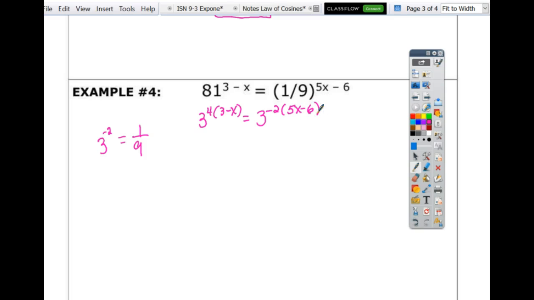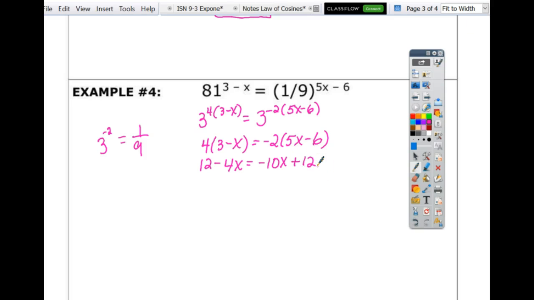And once I have common bases, we can solve the exponents now. Because 81 is 3 to the 4th. So when I multiply, I get 12 minus 4x equals -10x plus 12.